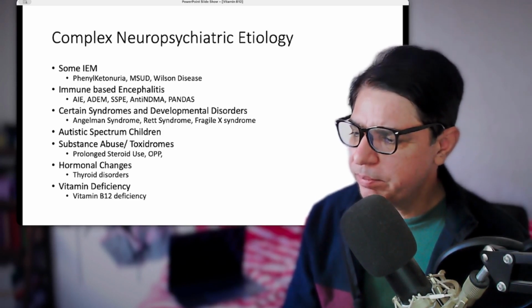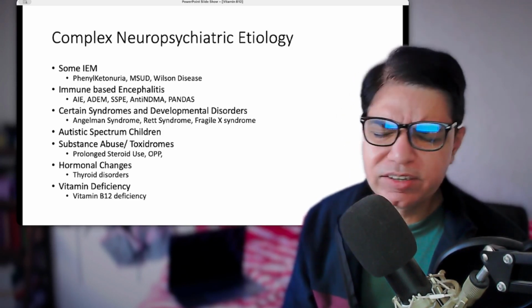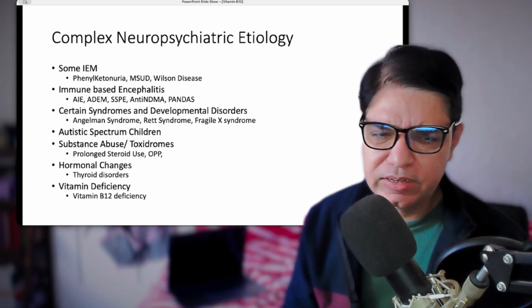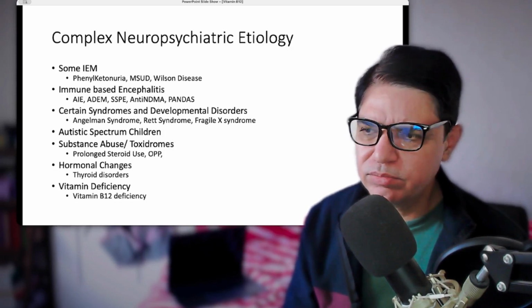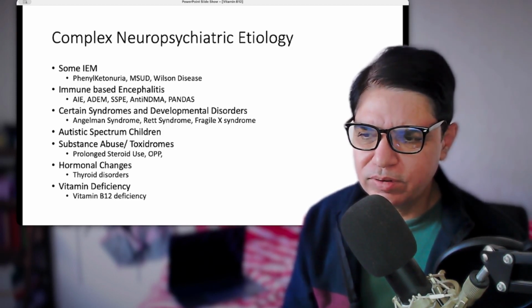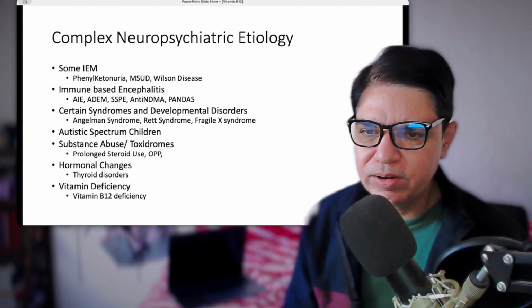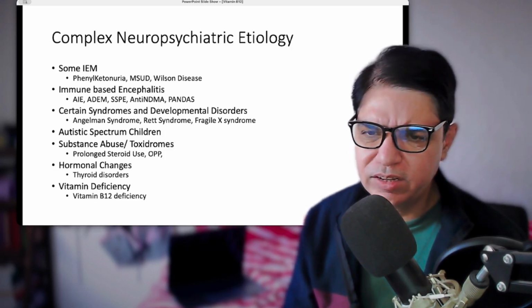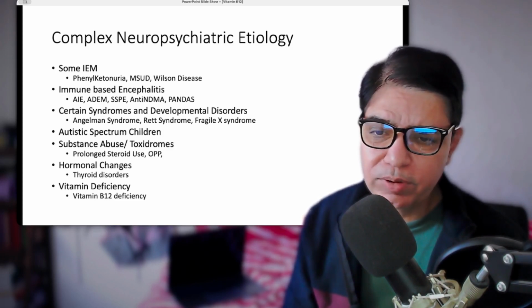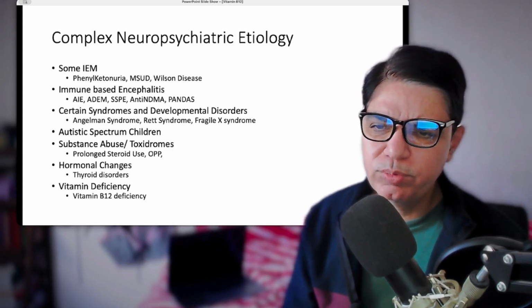They used to be called mad as a hatter, I think this was the term used. They've got a lot of lacrimation and salivation and fever, anger and hallucinations and things like that. So organophosphorus poisoning can lead to complex neuropsychiatric presentations. But these are something of acute etiology.